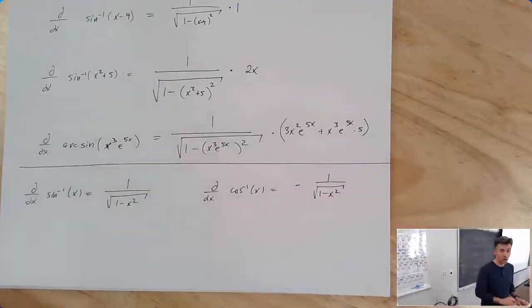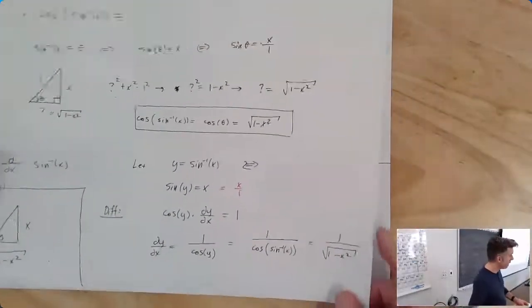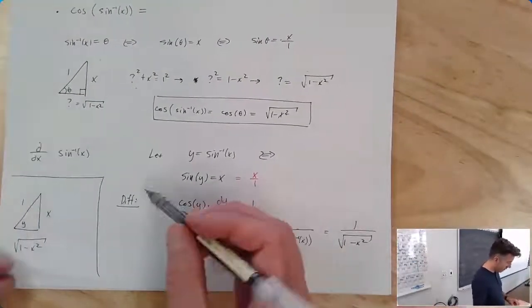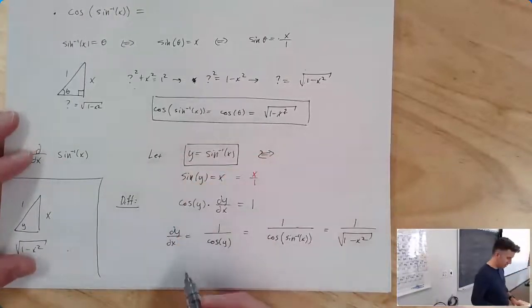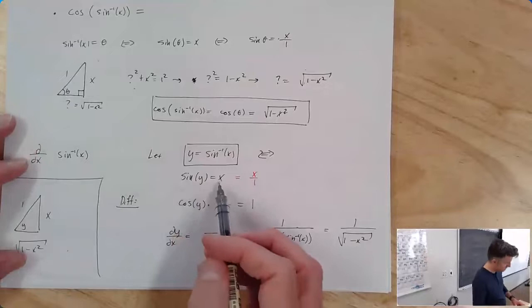And I would encourage all of you to look back at the previous page and do that work on your own at some point. Start off with inverse cosine, and then say cosine of y equals x, and then take the derivative.